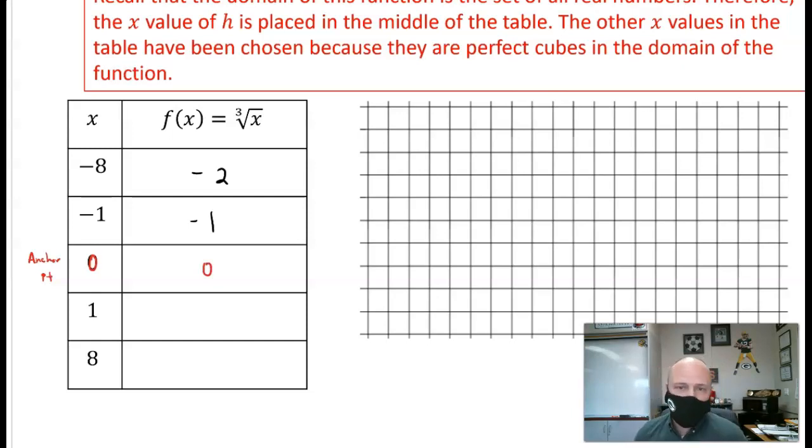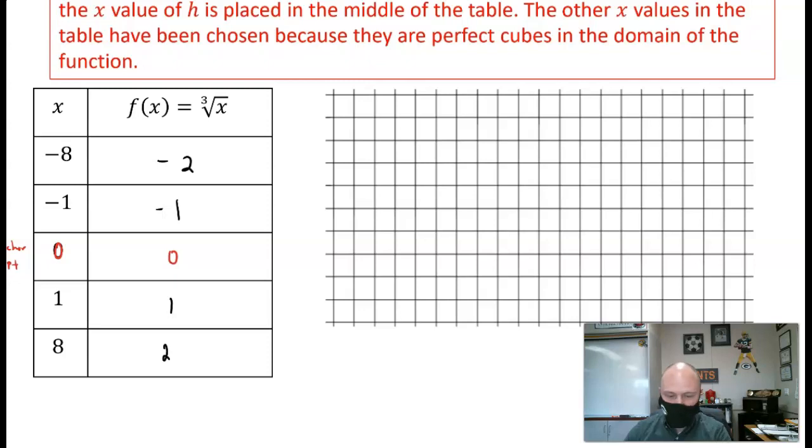And here's what I love about the cube root function, or a cubic function, is that they mirror each other. They're symmetric. So if I plug in +1, the cubic root of +1 is +1. And the cubic root of 8 is 2. So really only like 3 values that you need to remember.